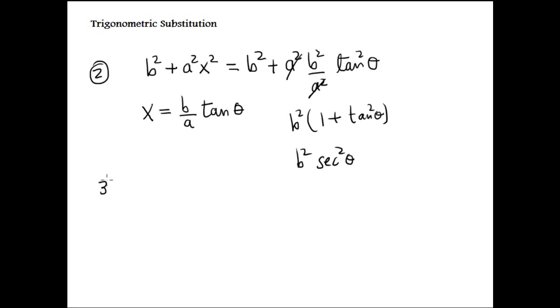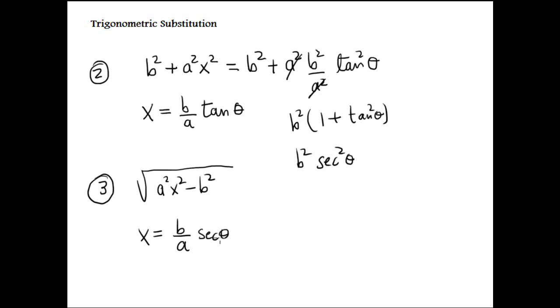And the third case is when you have a radical, but the order is different: a squared x squared minus b squared. So x is positive, while in the first case x is negative. The substitution is x equal to b over a again, but secant theta. Then the radical is b squared over a squared secant squared theta minus b squared.